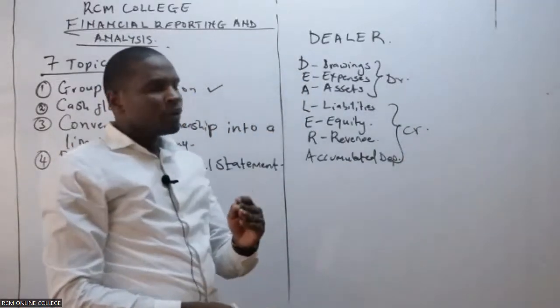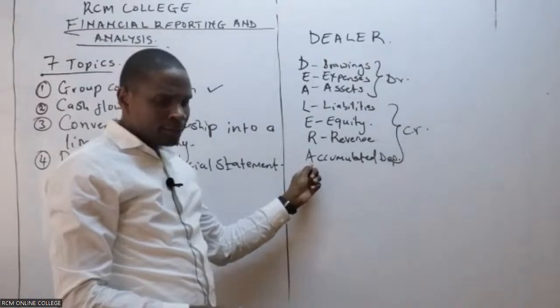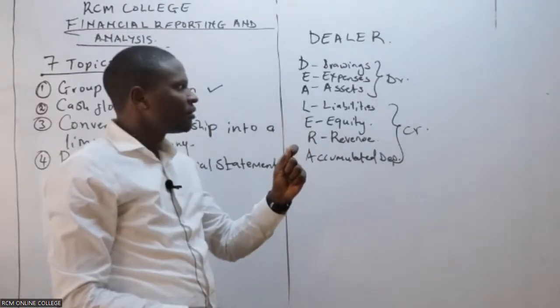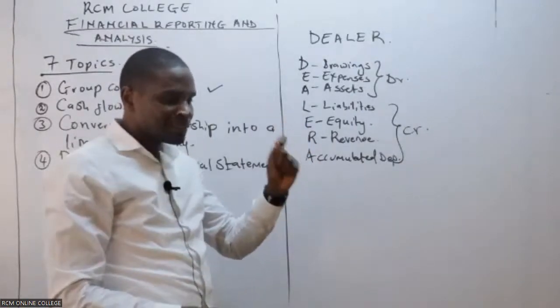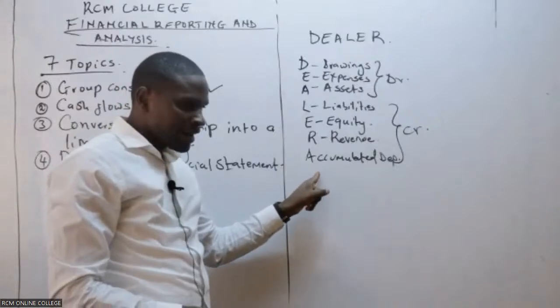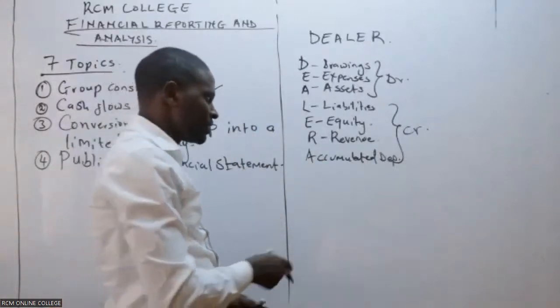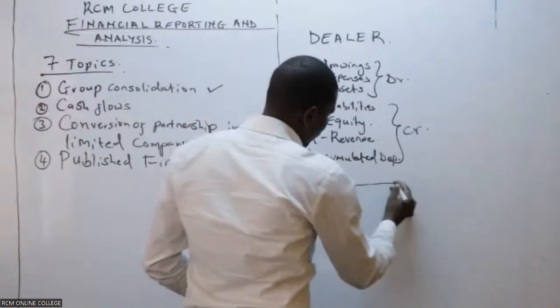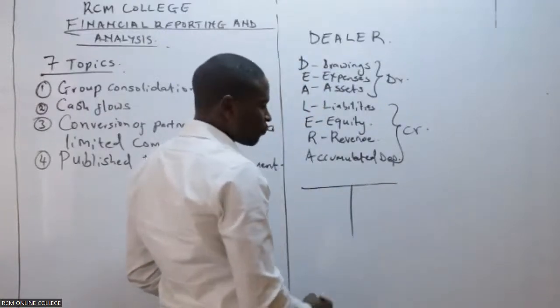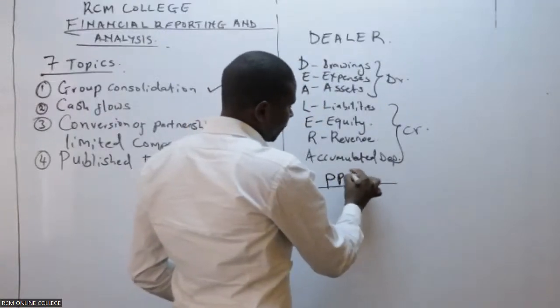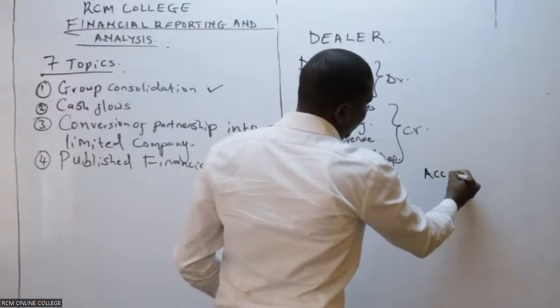By the way, I don't know whether for those people we were with in our financial reporting lunch hour class, we had an account of accumulated depreciation. When we were looking at depreciation itself, we had PPE and we had accumulated depreciation.